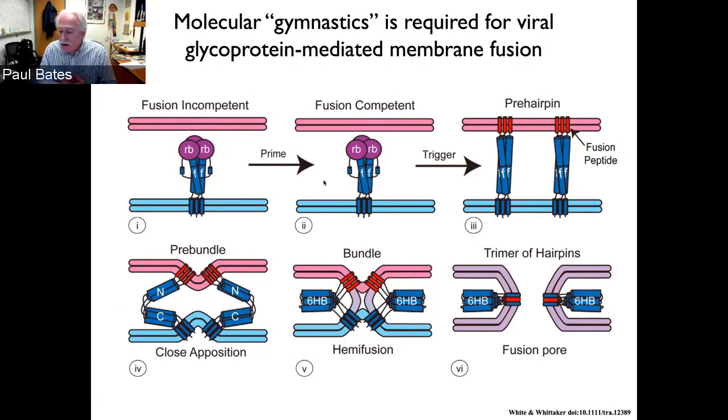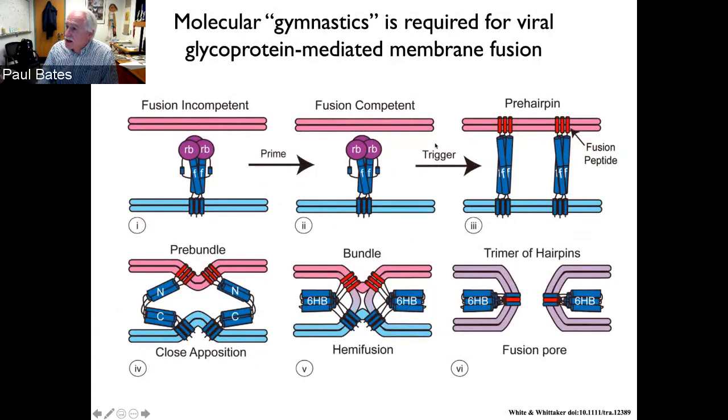There's a whole class of viral glycoproteins called class 1 viral glycoproteins, and these all have a very similar globular head-stalk structure. They all have to be primed by a protease priming event that makes them fusion competent. But as you might guess, if you're fusion competent and you undergo this molecular gymnastics at the wrong time, you're going to waste this viral glycoprotein because it won't be in close proximity to a target host membrane that it needs.